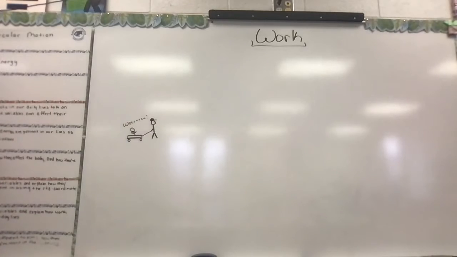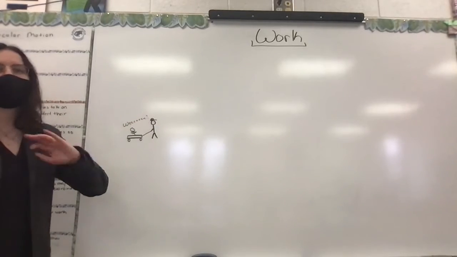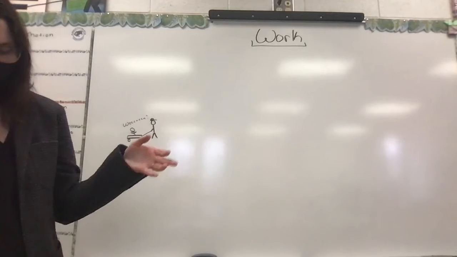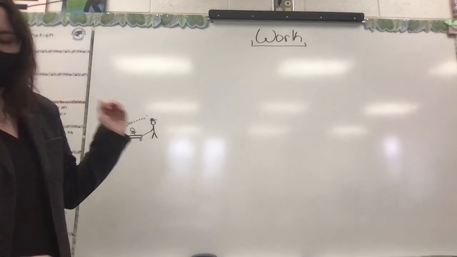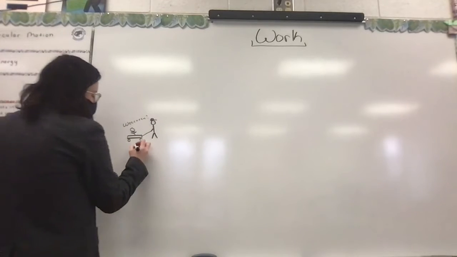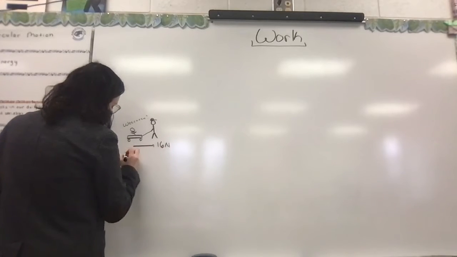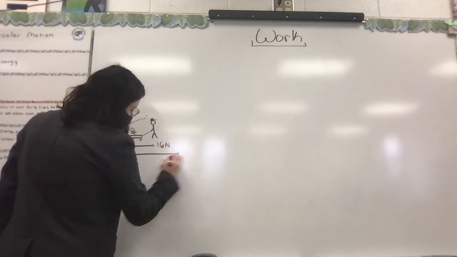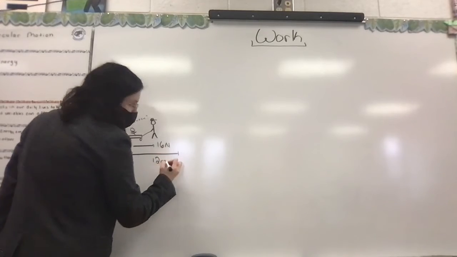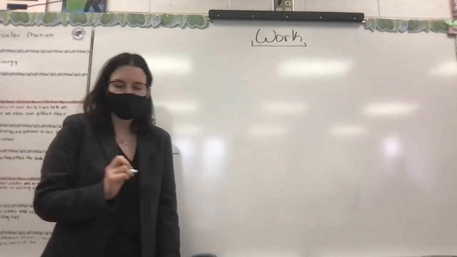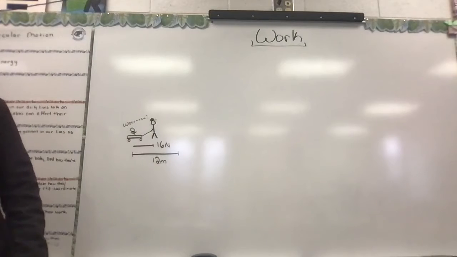He's having fun. Now, the father is pulling him at a constant speed, and he's pulling with a force of 16 newtons over a distance of 12 meters. Is there somebody at the door? Thank you. All right.